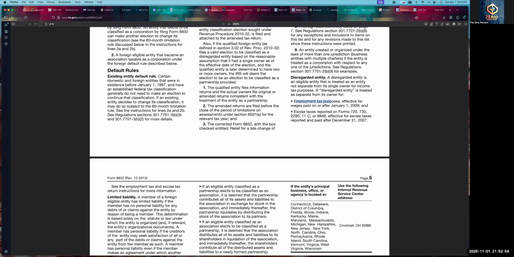If you are dealing with excise taxes reported on 720, 730, 2290, 11C, or 8849, same thing. You are a disregarded entity treated as separate from its owner. Anything outside of these two, you have the eligibility to be treated as an entity not separate from its single owner, the foreign trust.